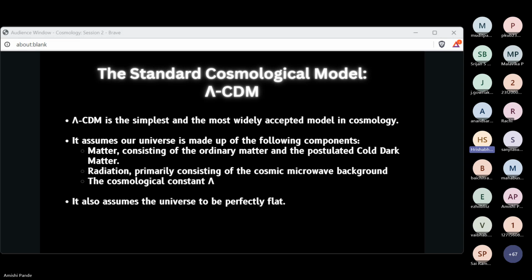The cosmological constant takes into account dark energy, and CDM takes into account the dark matter, and radiation as well. But radiation primarily consists of CMB, and it is in very small amounts currently, but it is present. So these are the three things that our universe is made up of: matter, radiation, and the cosmological constant, which is dark energy. And another assumption of lambda CDM is that our universe is flat. So we have assumed the universe is flat. Our value of omega k is 0. Okay. You can move to the next slide.